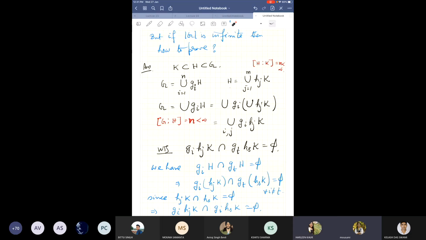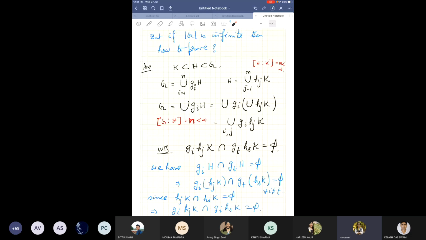Ma'am, why is it HJK? I didn't get that part. GI HJK intersection GTHS. Why this is empty? That is what you didn't follow? Yes, ma'am. Okay, so I'm saying that this GI of H and GT of H are disjoint.